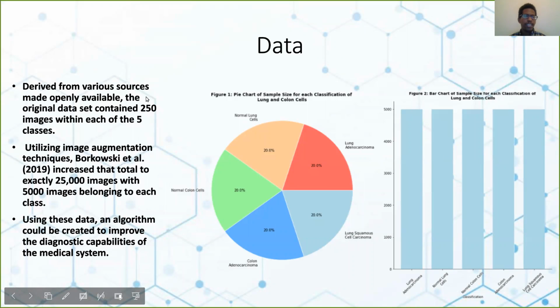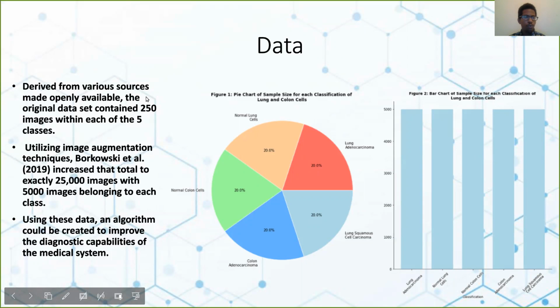Exploring the data, we see that it was derived from various sources by Borkowski in 2019, in which the original dataset contained 250 images for each class of 5 different cell types. Utilizing image augmentation, Borkowski increased that total from 250 images per category to exactly 25,000 images per category.